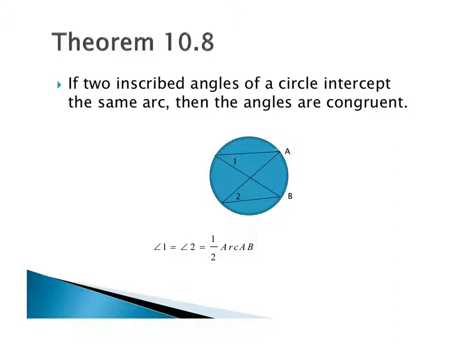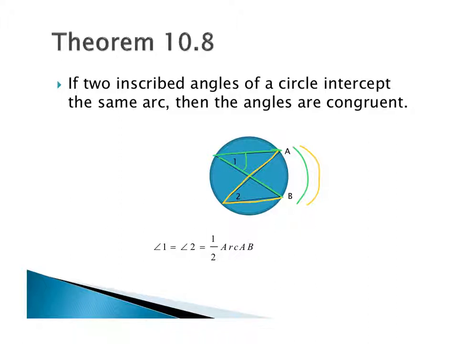Angle 1 goes from the A over here to the edge and down to the B. That's how we create angle 1. Notice its intercepted arc is AB. Then if I were to trace out angle 2, it goes from A over here to the edge and then to B. Notice it also has the same intercepted arc of AB.